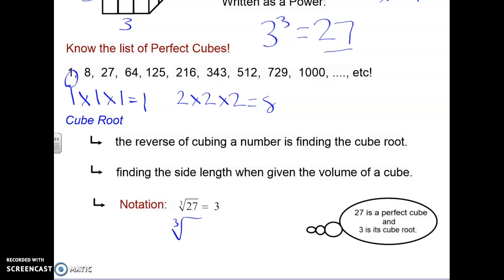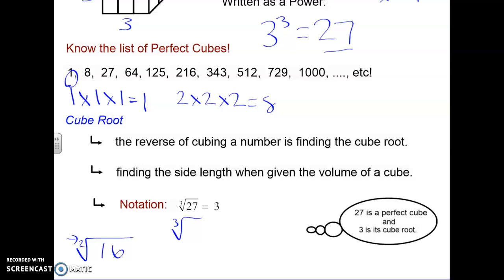Okay, so if you look at this example, the cube root of 27 equals 3. Let's take a moment to note that this is different from the square root. If I just gave you the root symbol with 16 in there, it is implied that we have a square root here.